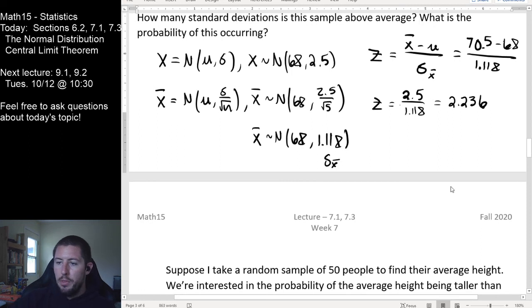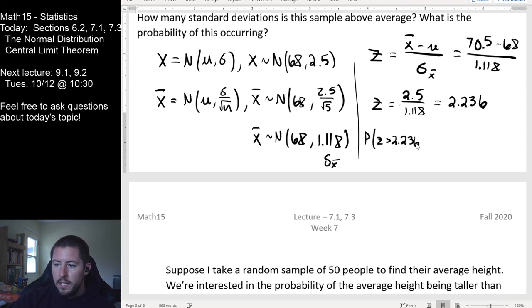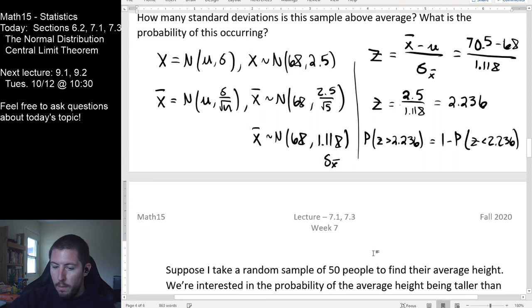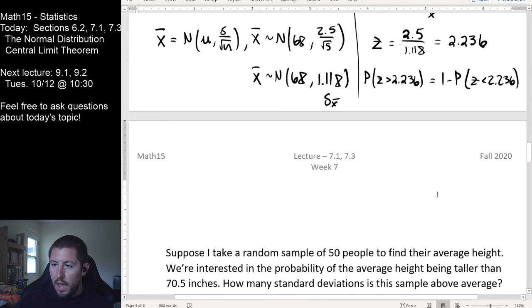So we can compute this as before: the probability that z is more than 2.236 is 1 minus the probability that z is less than 2.236. We can compute this in Excel, and then we'll do one more and call it a day. We want to see how unlikely this stuff gets here.